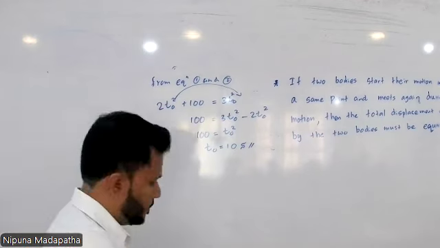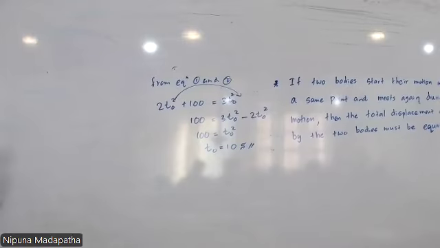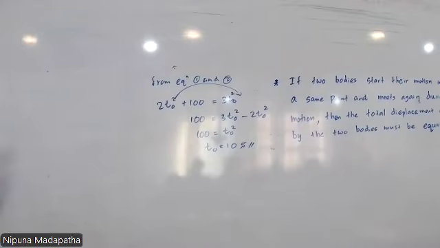Question number 21. A train starting from rest accelerates uniformly at 11/30 meters per second squared for 60 seconds.